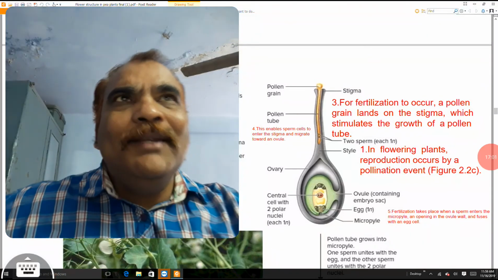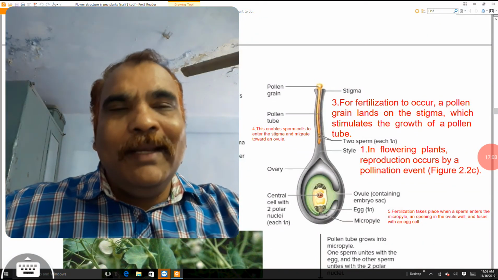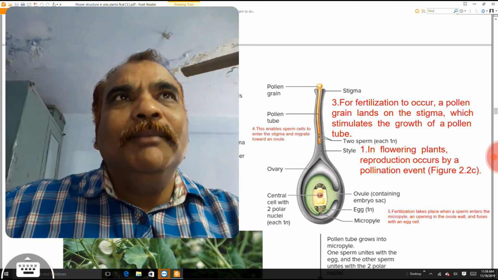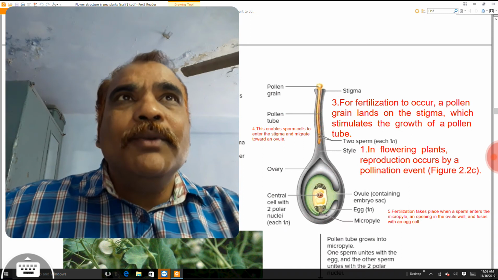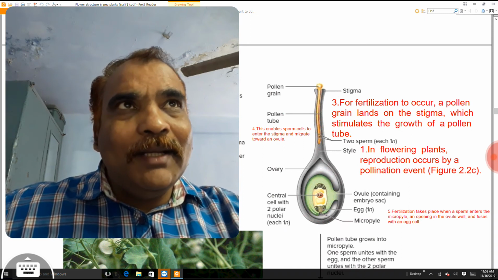So, in short, on the stigma the pollen grain is absorbing moisture, water, and also getting the nutritive substance. So now the pollen grain is germinating.